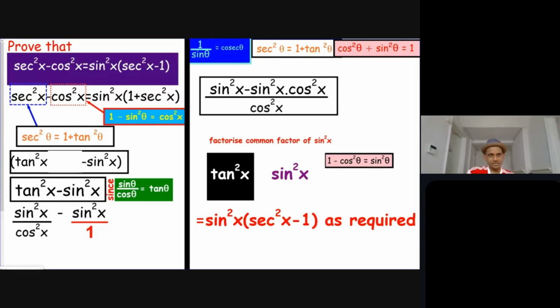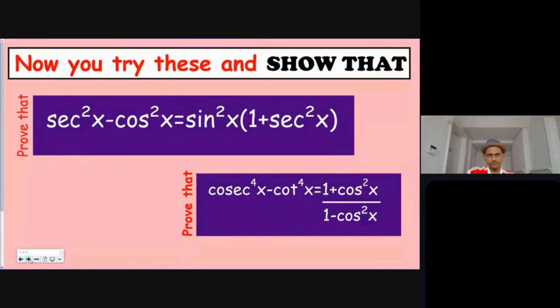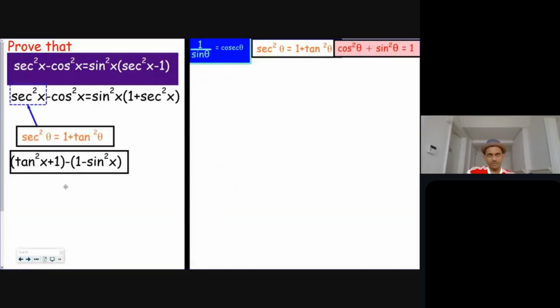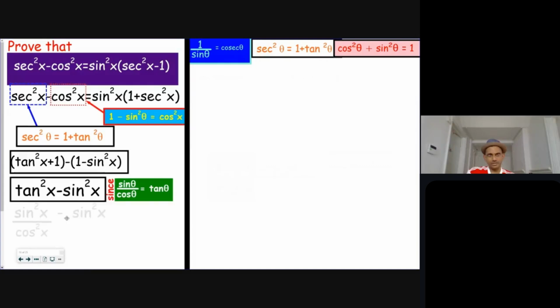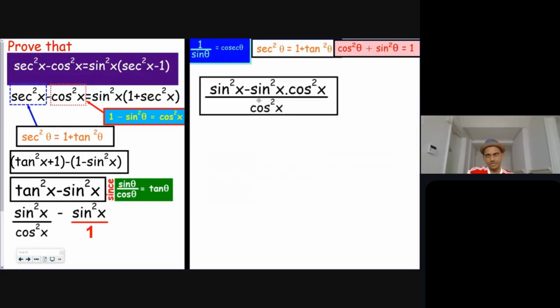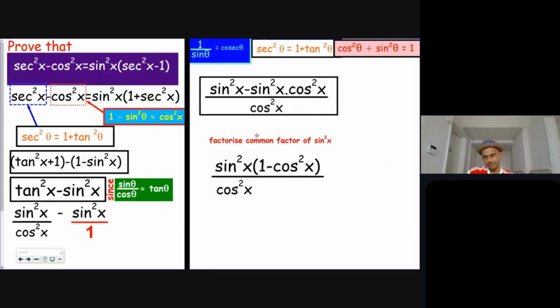I hope that makes sense. Let me rewind that. So we had that and that. We got to here. And then we got to there. So we had sine squared over cos squared. That was the tan squared.